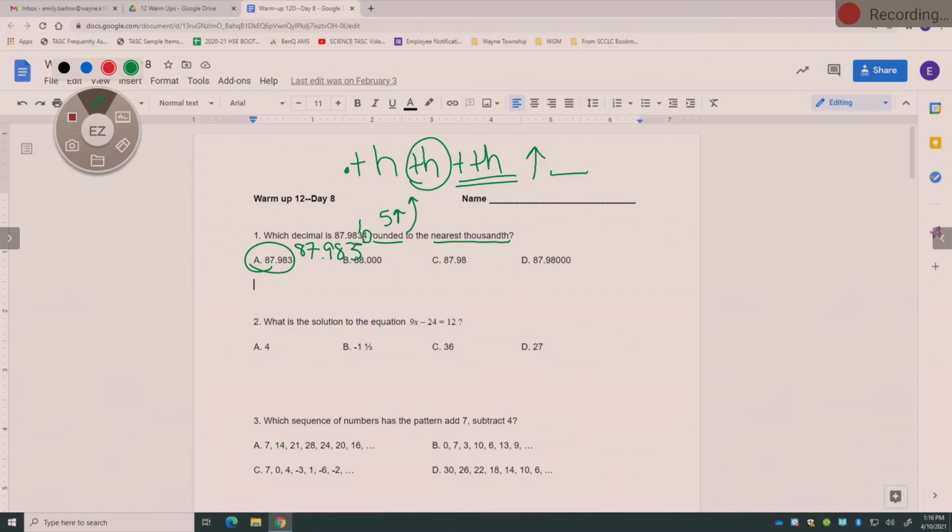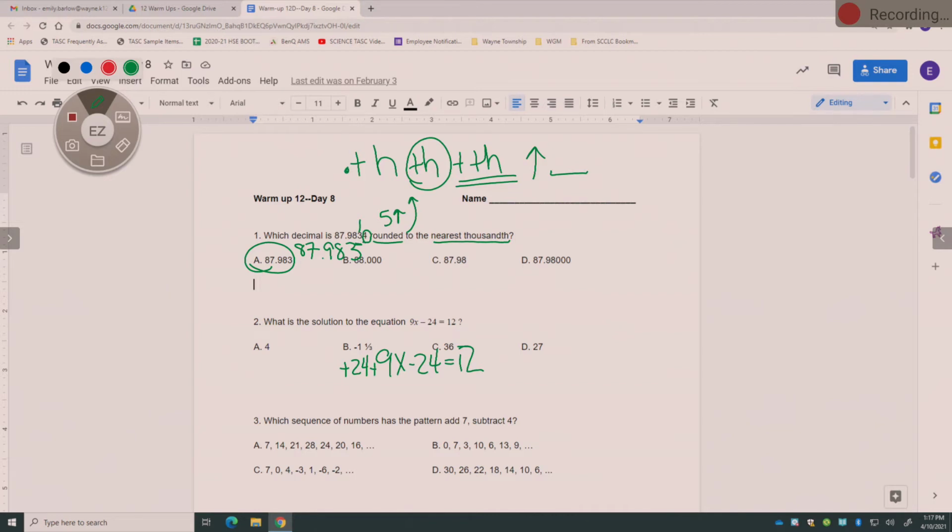Number 2, the solution to the equation 9x minus 24 equals 12. We're simply solving for x. So 9x minus 24 equals 12. The first thing I want to do is get rid of this negative 24. So to cancel out a negative 24, I need to add 24.